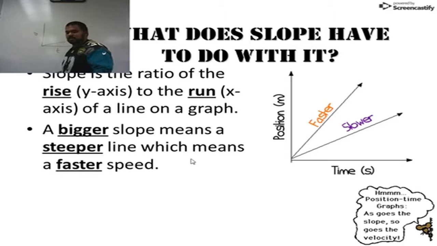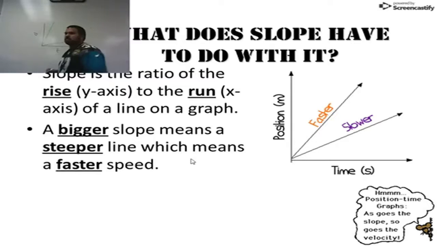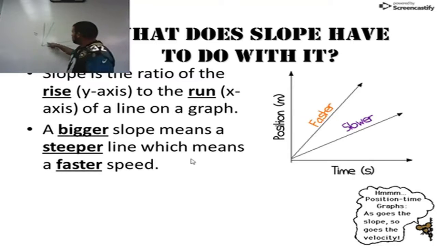If velocity equals slope, how can you tell which has a greater slope? It goes up in the least amount of time, so it kind of looks steeper. You can now look at a graph, and if somebody says, look, between the blue and the green, which had the higher velocity?